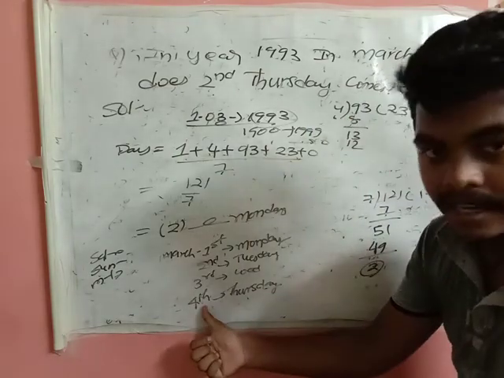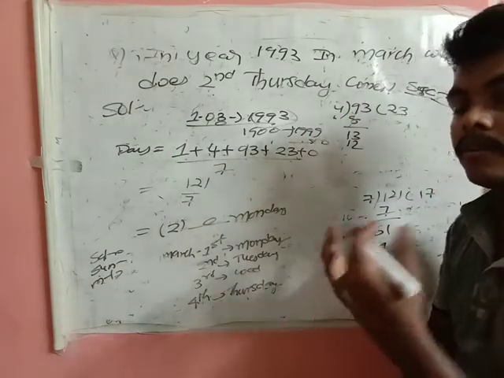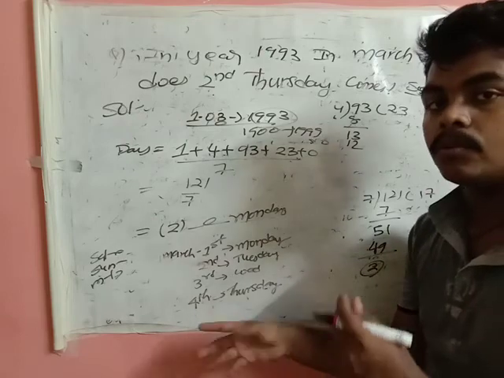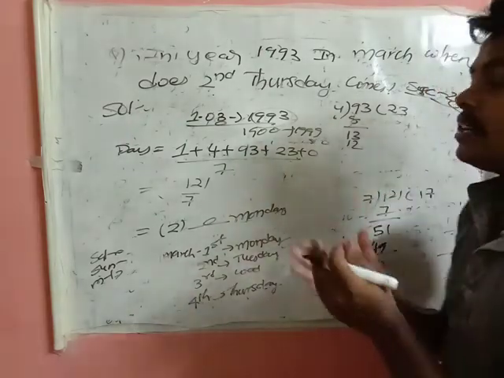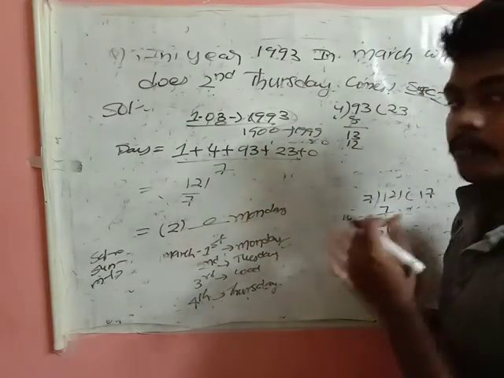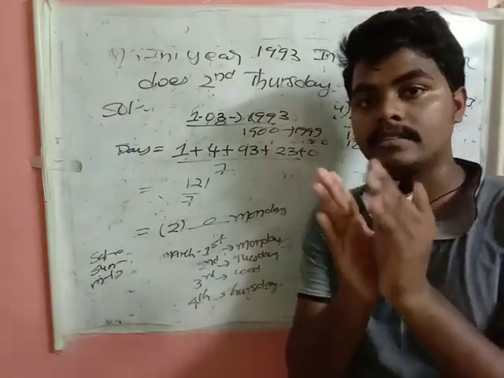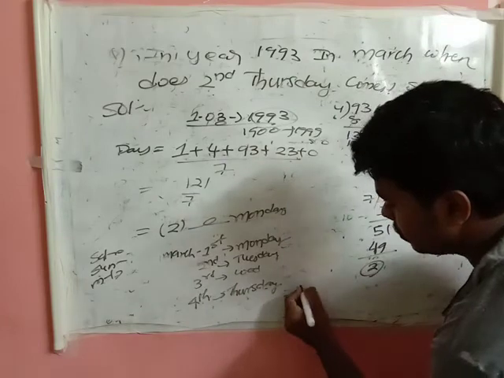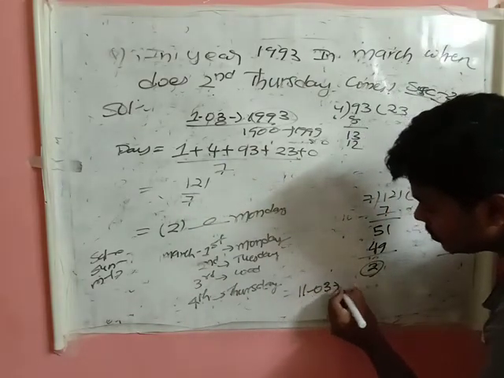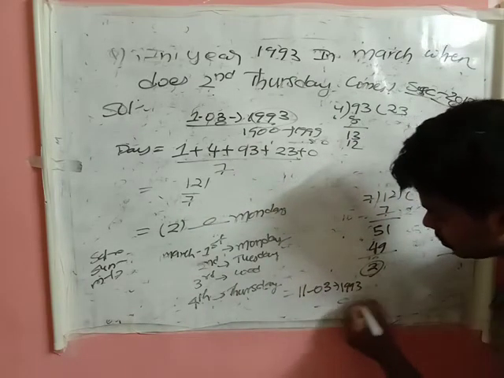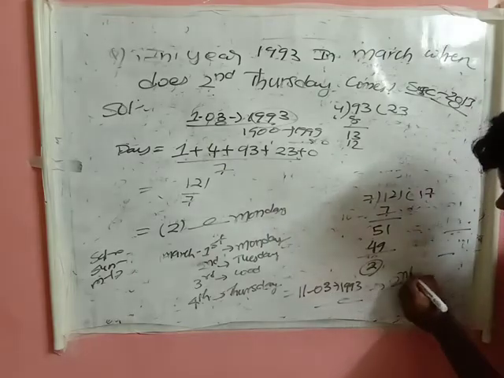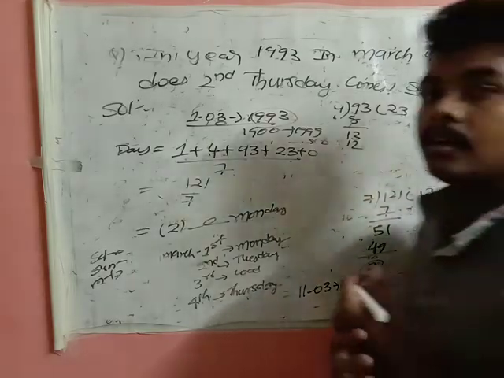So the first Thursday came on the 4th. On which date will the next Thursday come? The difference between the first Thursday and second Thursday will be 7 days. Means 4 plus 7 is 11th. So 11th March 1993 is the second Thursday in the month of March in the year 1993.